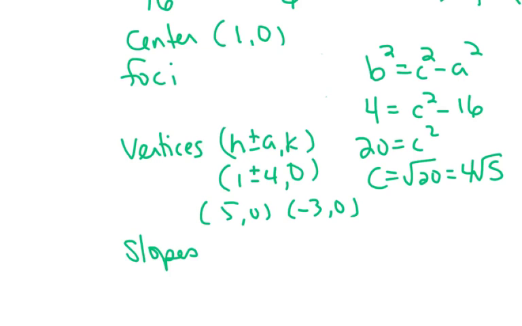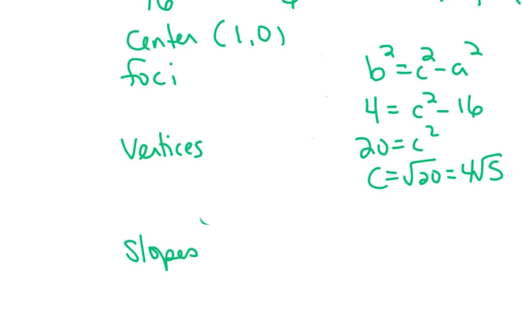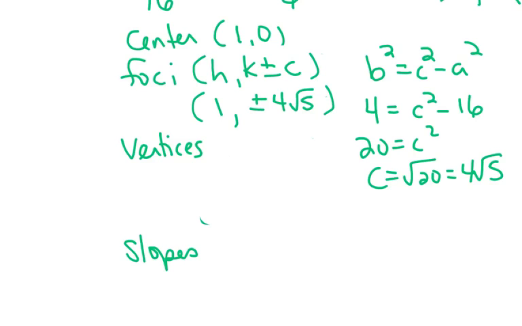I was looking at the wrong set of definitions. Try that again. The foci are at h, comma k plus or minus c. So it's at 1, comma 0 plus or minus 4 square root of 5. And the vertices are at h, comma k plus or minus a. So it's really at 1, comma 0 plus or minus 4.